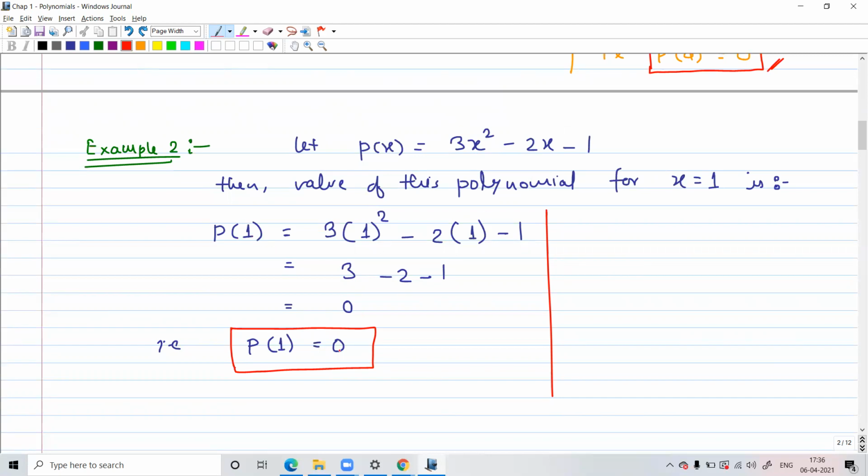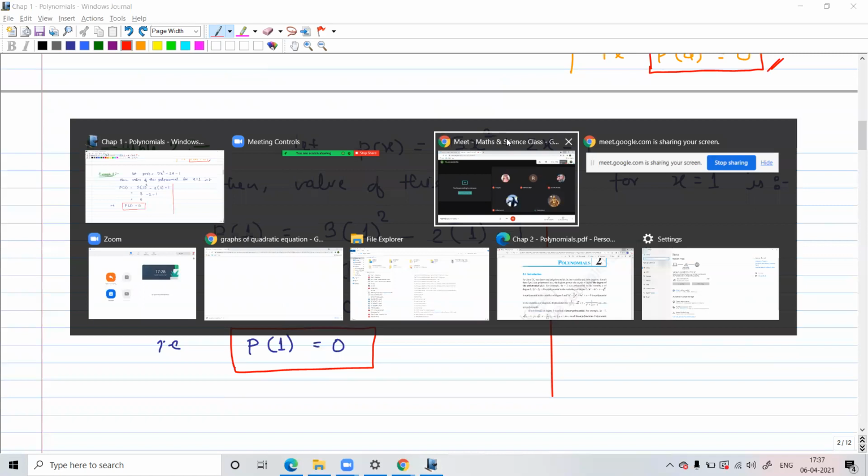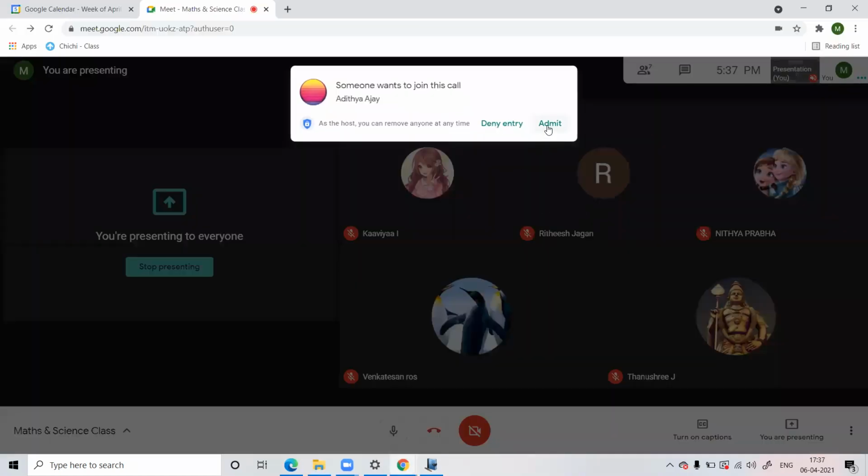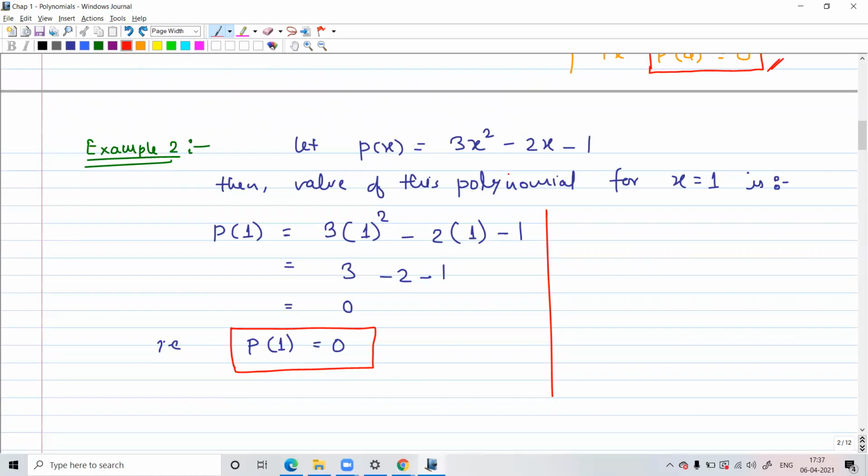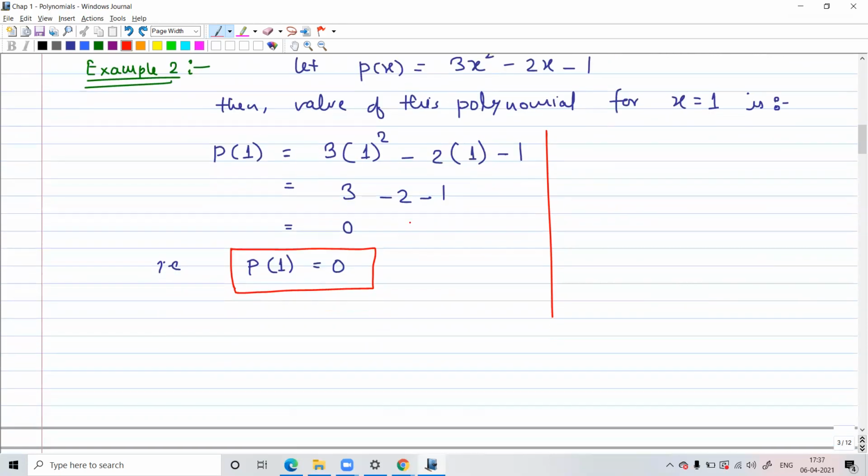It makes the polynomial 0. That is why this polynomial has a 0, 1. But it is quadratic, so it will have one more 0. There will be one more value of x which will make this polynomial 0. Okay. So that we will learn how to find it. So we can skip it right now.